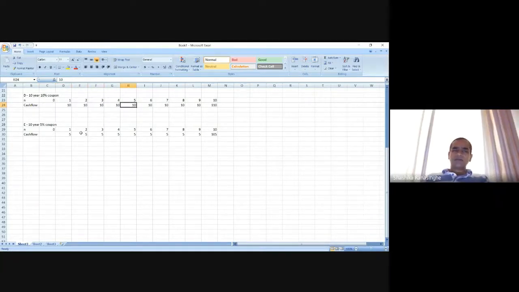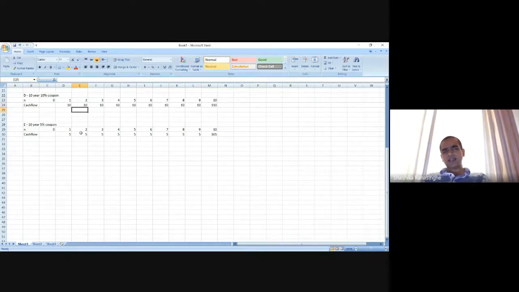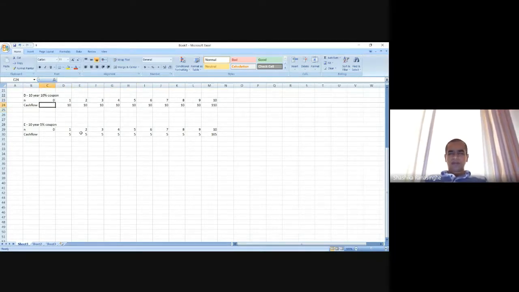Yes, your cash flows are much bigger than E's, right? So investment can be recovered faster from D, because every year you're getting cash flow of 10. So assuming you paid a price of 90 to buy this bond, you can recover the cash flows faster from D. And if this is also 90, you recover your cash flow in 9 years, whereas this one, you'll have to wait until the 10th year to recover your investment. So D pays back faster.